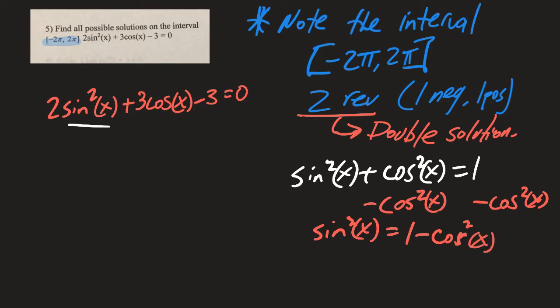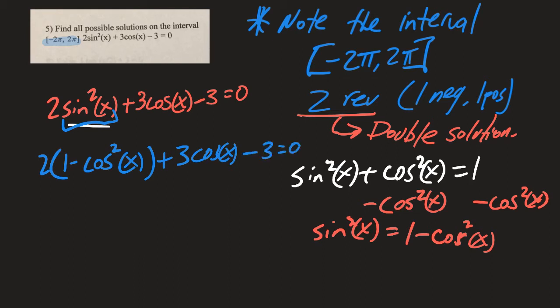And I'm going to substitute that in for this sine squared x. So now I've got 1 minus cosine squared of x plus 3x, or sorry, 3 cosine x minus 3 equal to 0.